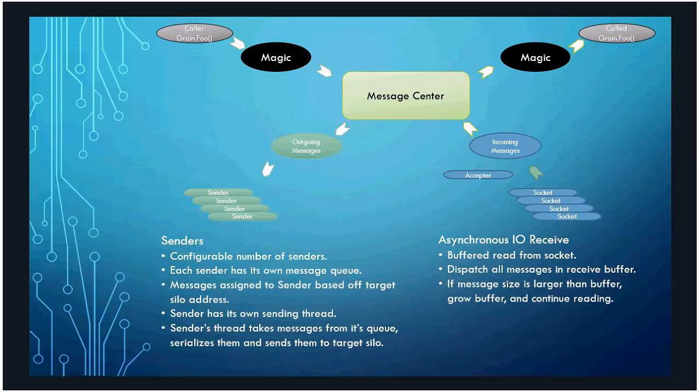But like they said, we have to split silo to silo from client to silo. Yeah, I think we're in agreement on that. I don't think anybody objects to that.